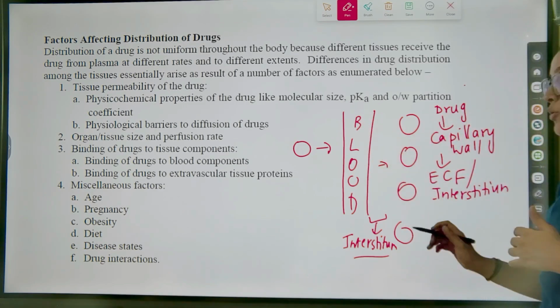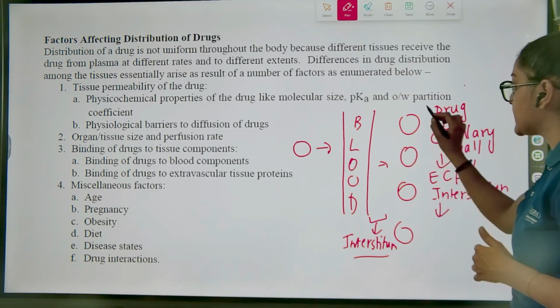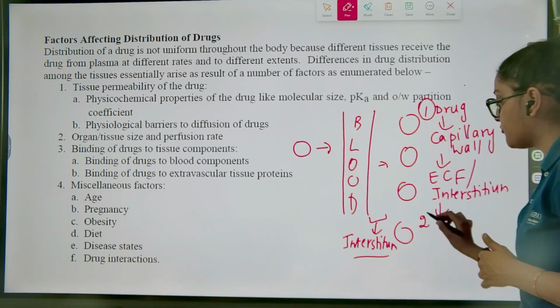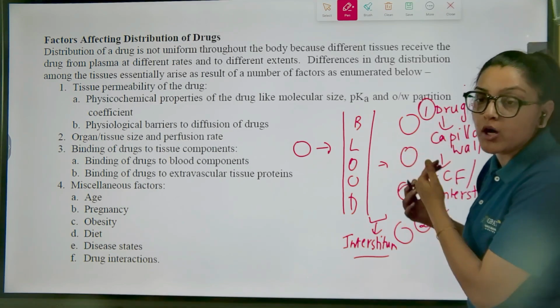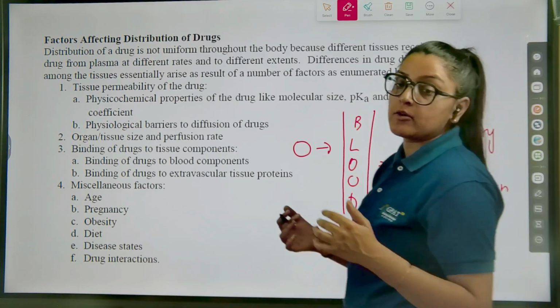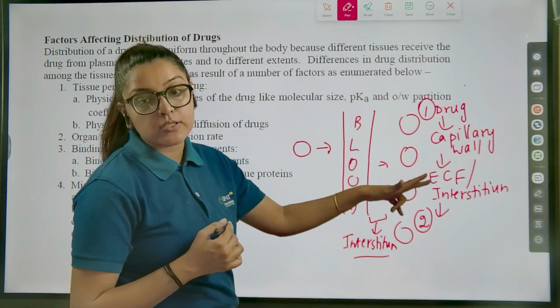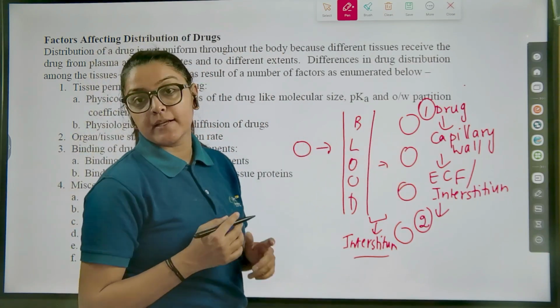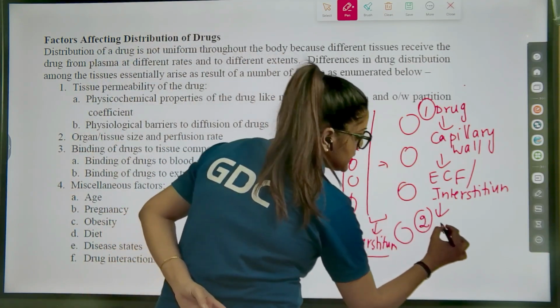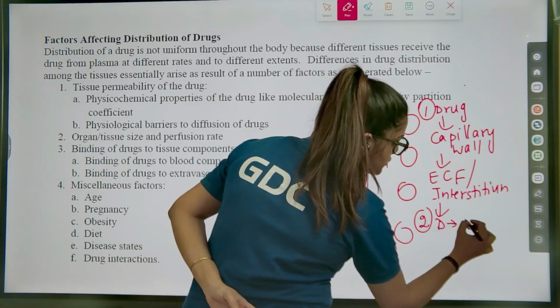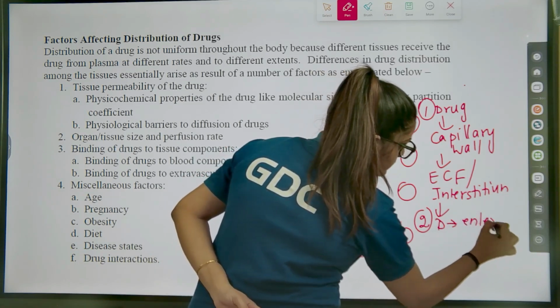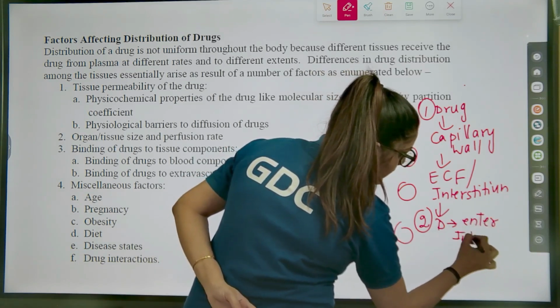So that is going to be the second step, which is the permeation of drug through the different organs. While you are talking about the permeation of drug through the different organs, it has to cross their membrane also, and then enter the particular organ. So in this second step, the drug is going to enter the intracellular part, right?